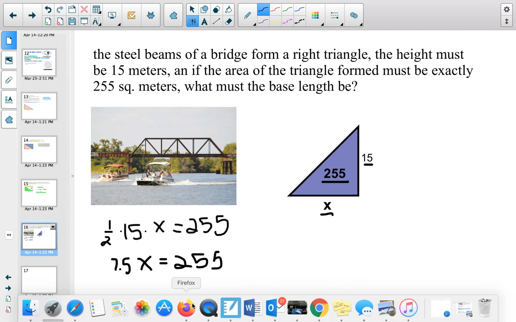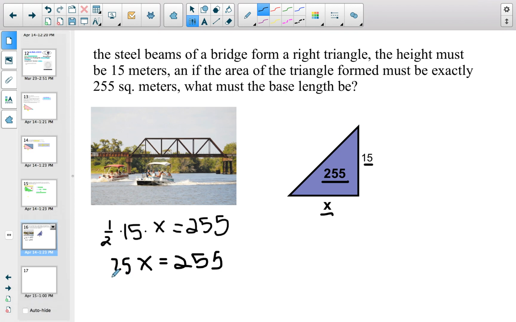So now what we have to do is get x alone, so we divide by 7.5. This will cancel out right there. So then we would do 255 divided by 7.5, and we would get what?